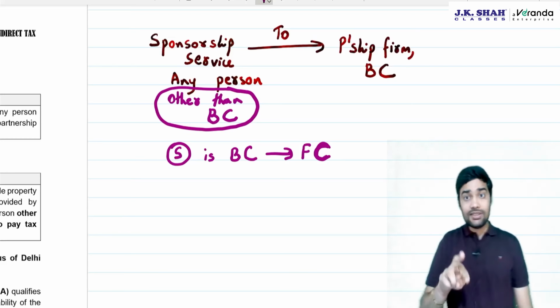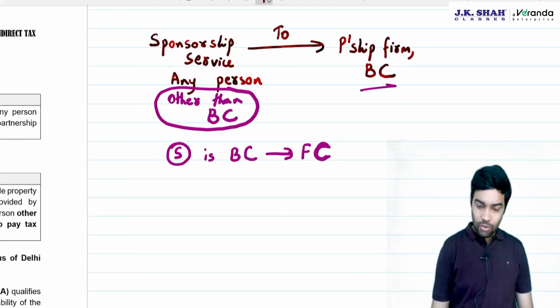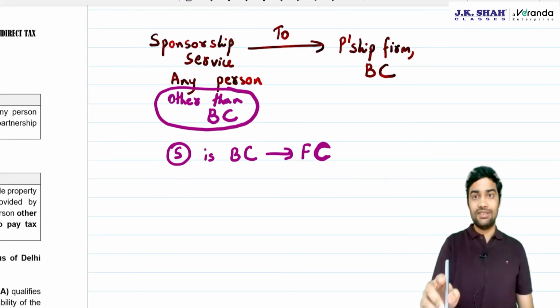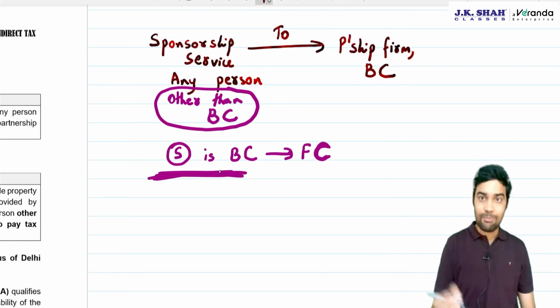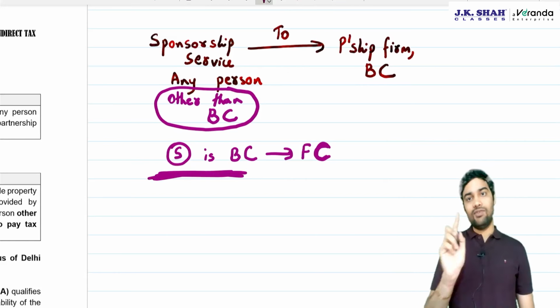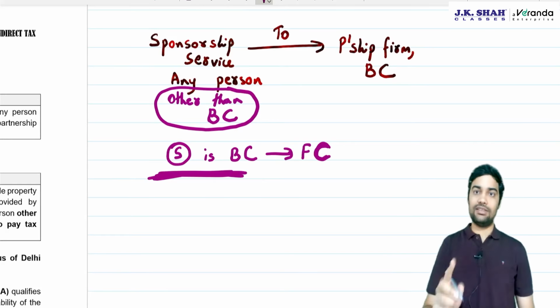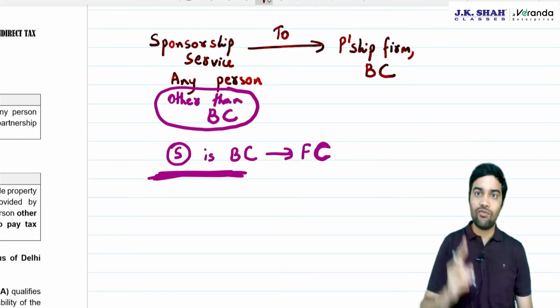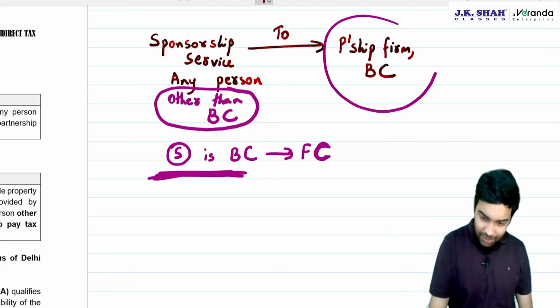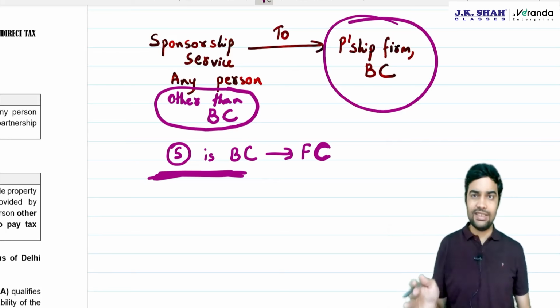Now, when sponsorship service is provided by a body corporate, it will be a case of forward charge because the supplier is a body corporate. Whenever supplier is a body corporate, it will be a case of forward charge, irrespective of who is receiving the service.